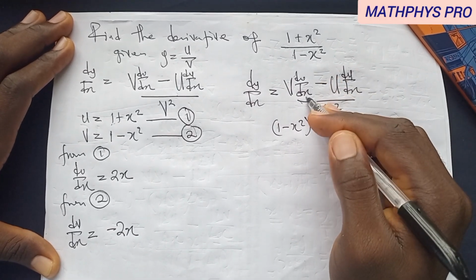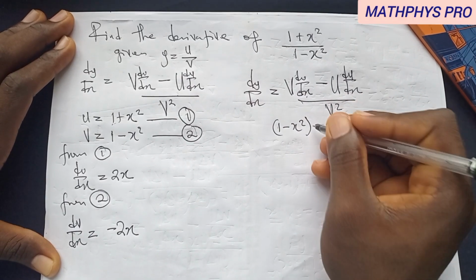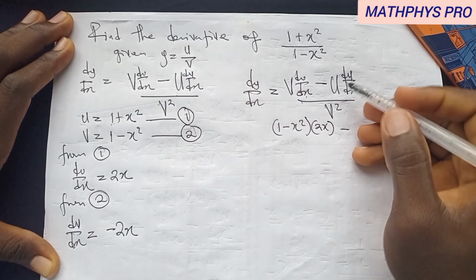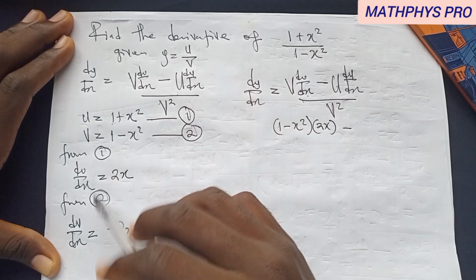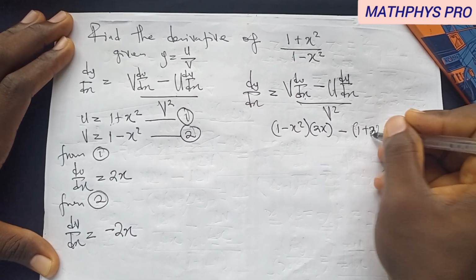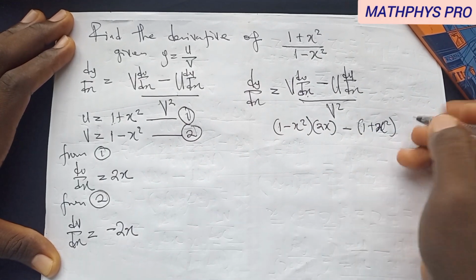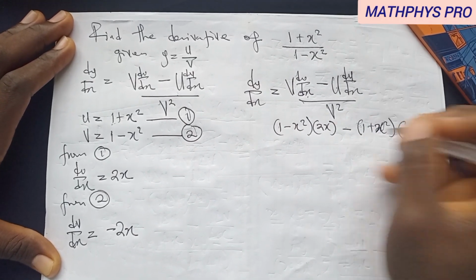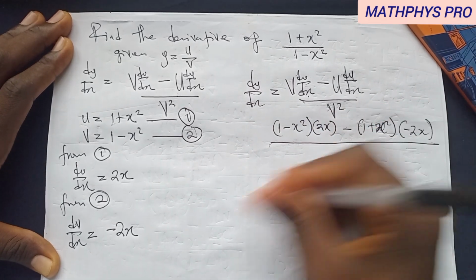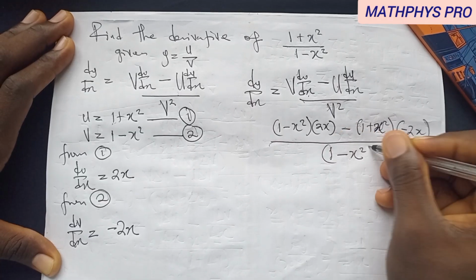What is du/dx? du/dx is equal to 2x. This is minus, what is u? u is 1 plus x squared. And what is dv/dx? dv/dx is minus 2x. Don't forget that this is all over v squared. What is v? v is 1 minus x squared.